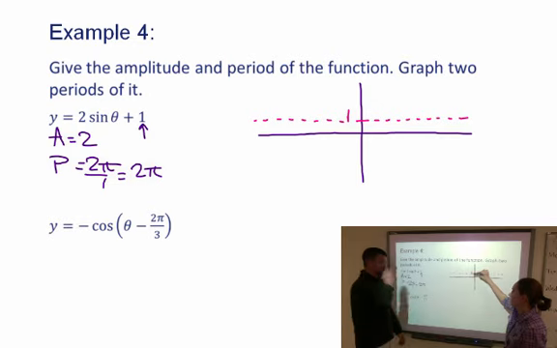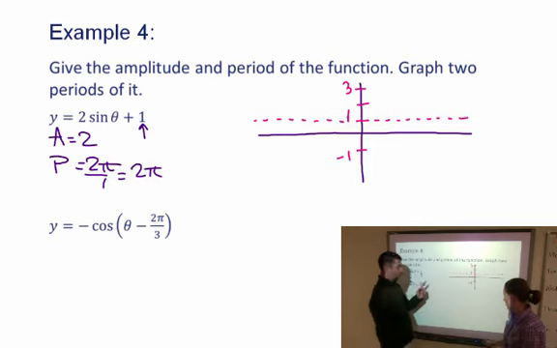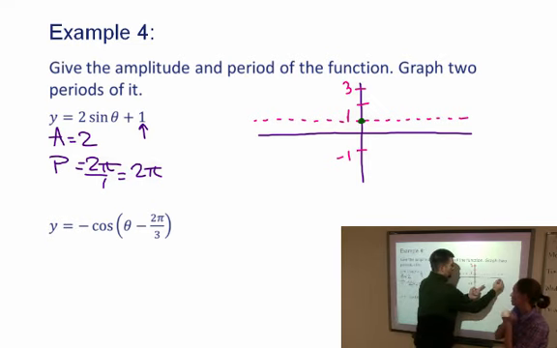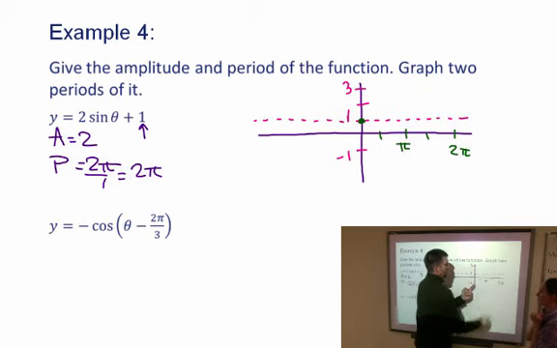Our amplitude is 2, so from 1, we go up 2 and down 2. Since we've got the sine, we start at 0 right here in the middle, and we can go out to 2 pi. We still have pi in the middle.